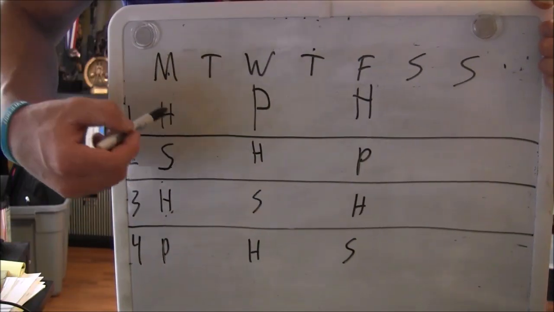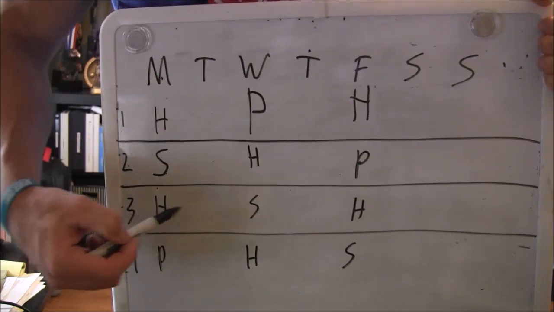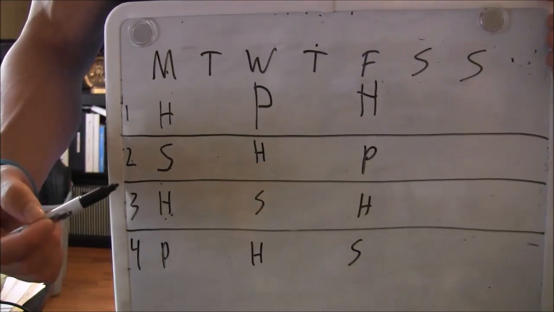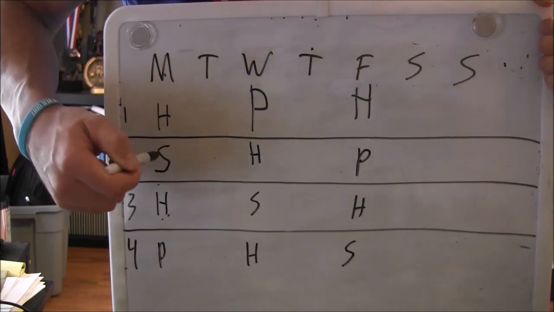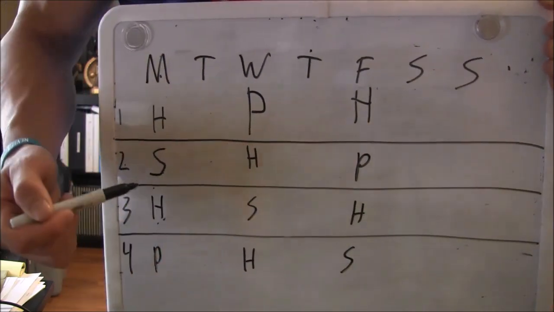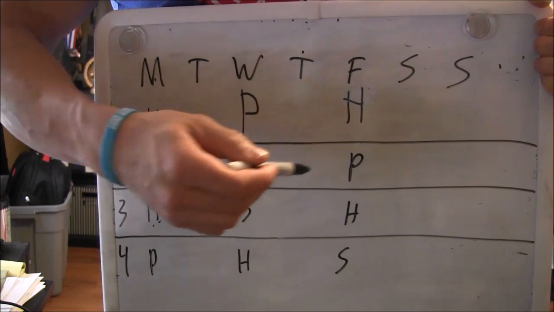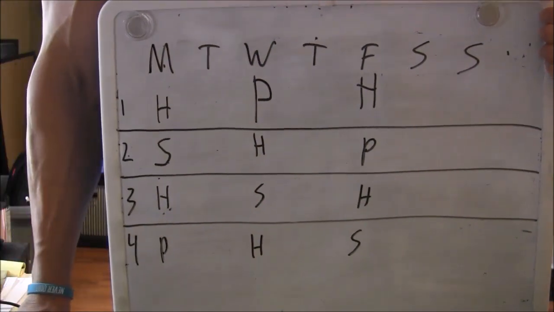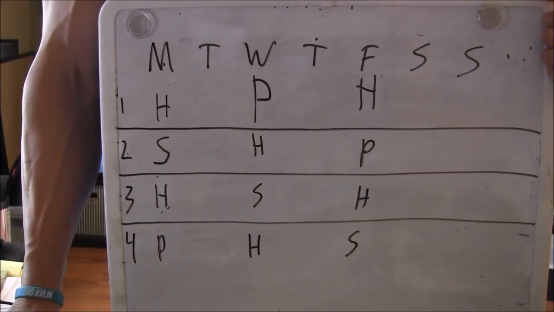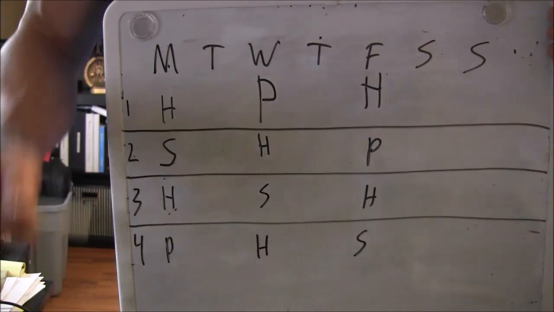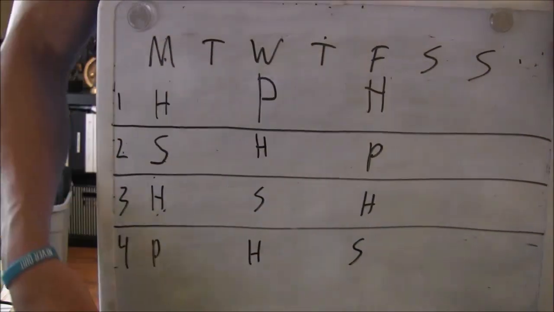So we've got 6 hypertrophy sessions for 3 strength sessions and 3 power sessions. 2-to-1-to-1 ratio. Okay? Cool.